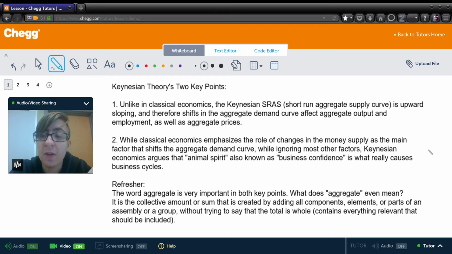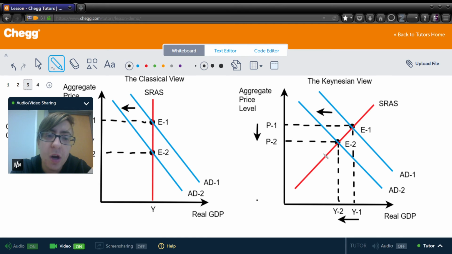This again is really wordy, but if your professor were to ask you these questions on the exam, the first one would be to remember that the Keynesian short-run aggregate supply is not perfectly elastic and not perfectly inelastic. So it looks like your standard, just draw it as it is, upward sloping supply curve.